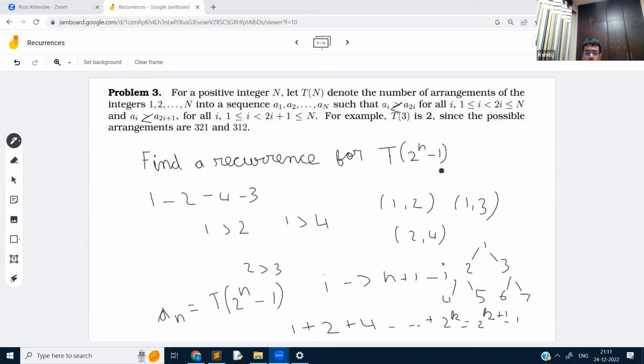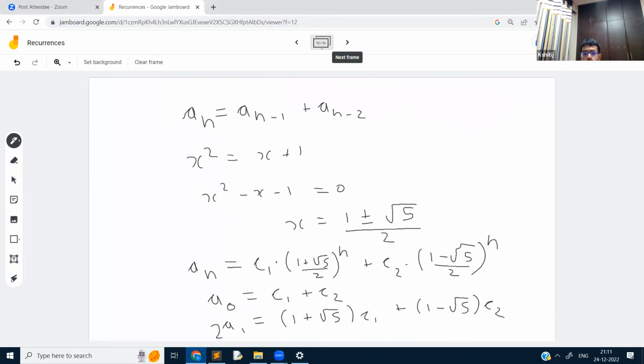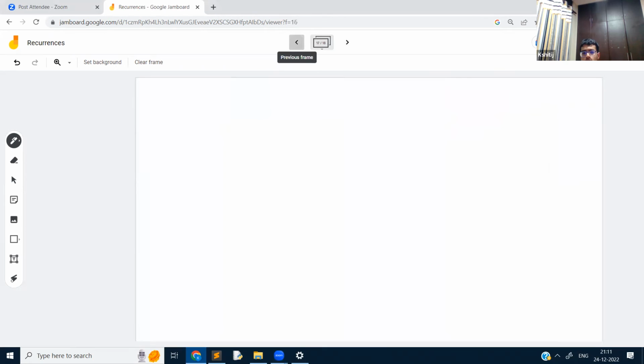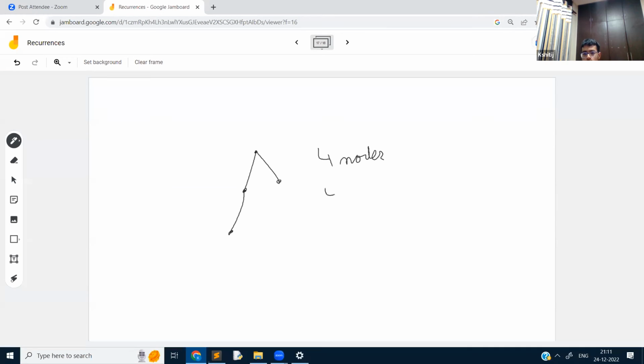So basically, a tree is a graph of n nodes. There are n minus 1 edges, and you can reach any node from any other node. Basically, like n is equal to 4 in this case. I'm constructing a tree. 4 nodes, 4 minus 1 edges, and each node is reachable from all other nodes.